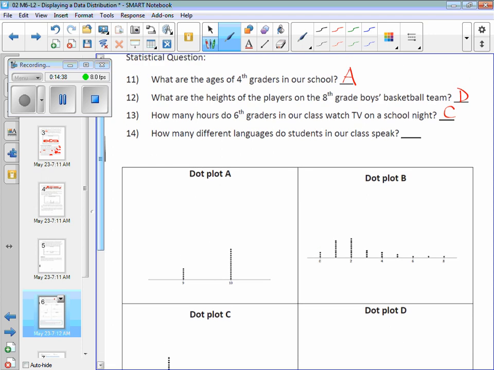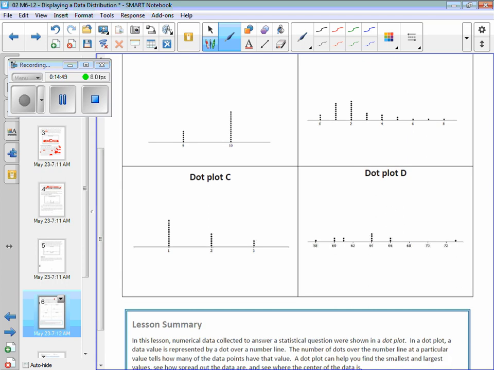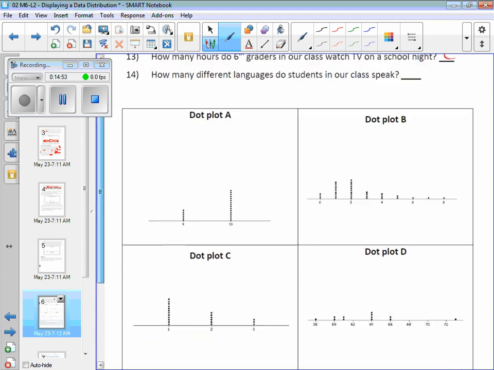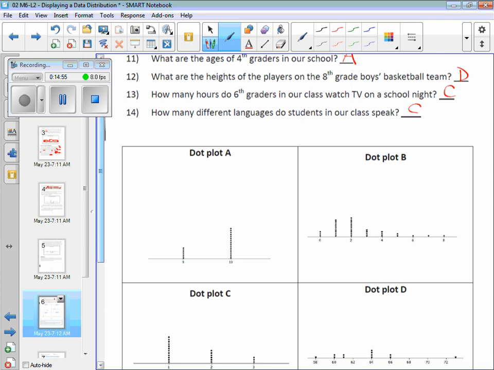And then languages. How many languages do students in our class speak? C also. You could go with none either too, because I don't know. 14?